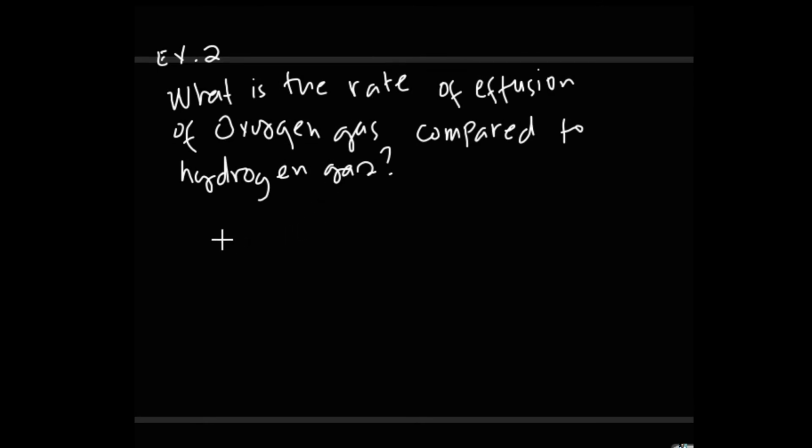Alright, example number 2. What is the rate of effusion of oxygen gas compared to hydrogen gas? Let us not forget the steps. First step is to identify the molar mass of the given gases. We have oxygen and hydrogen.